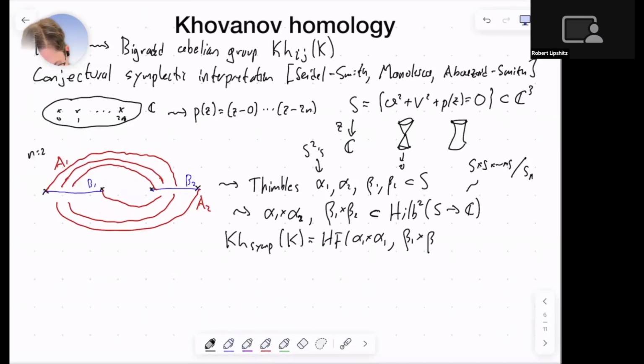Alpha 1 cross alpha 2 and beta 1 cross beta 2 inside this Hilbert scheme. So, results. The first one was due to Seidel and Smith, that this is a link invariant. It doesn't depend on the particular bridges you chose. And they computed it for some examples, including the trefoil, and saw that it agreed with Khovanov homology in those cases.